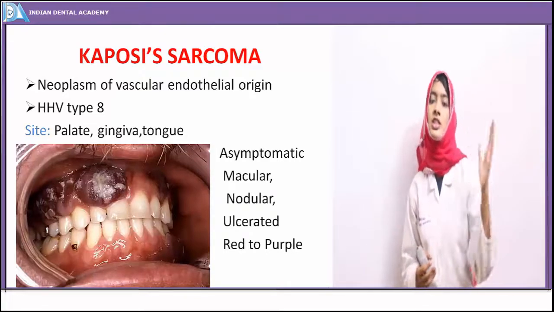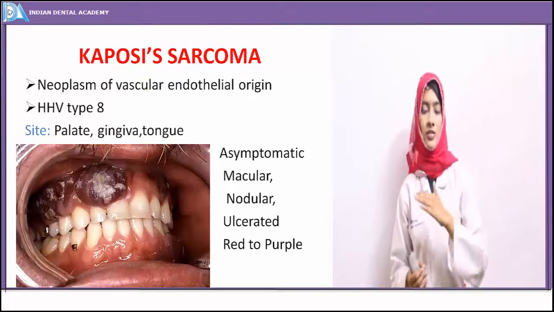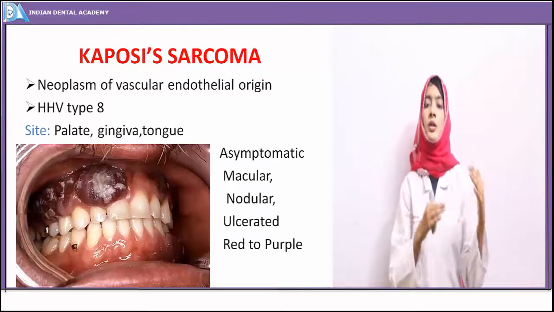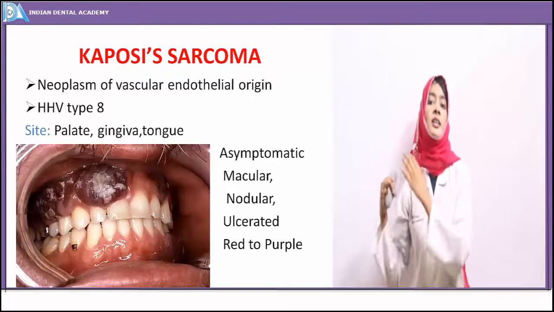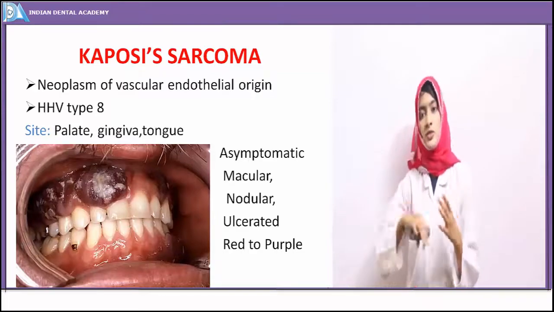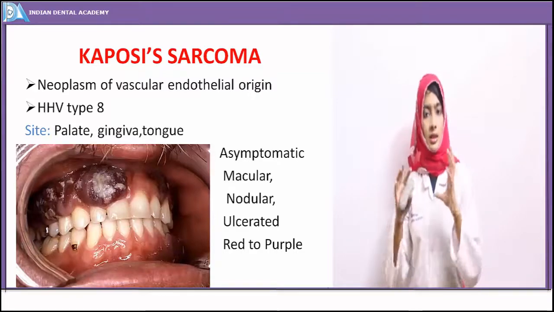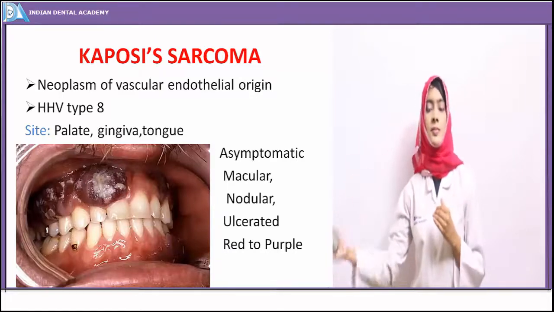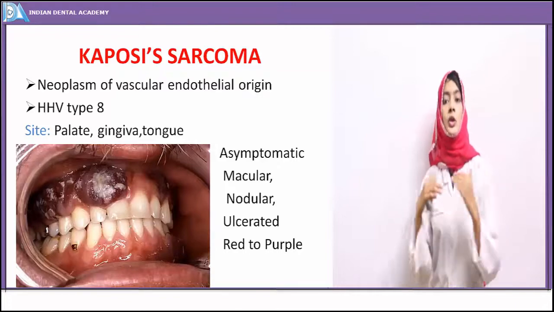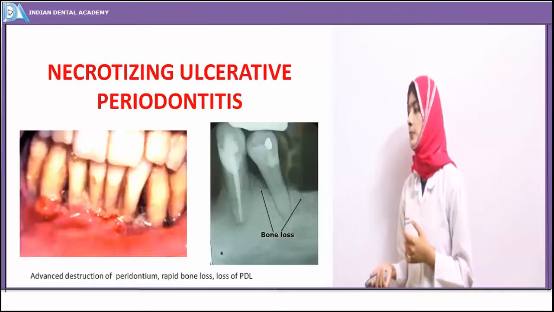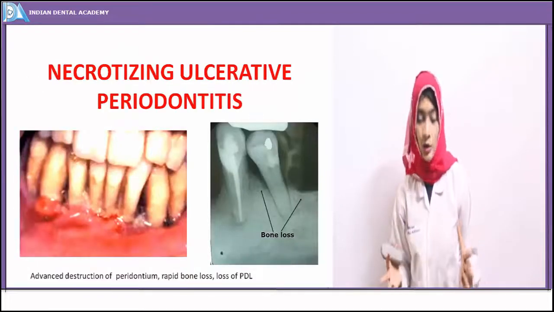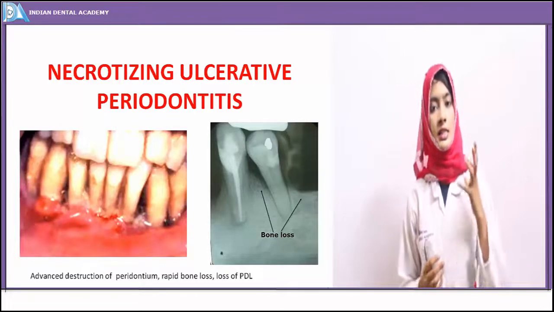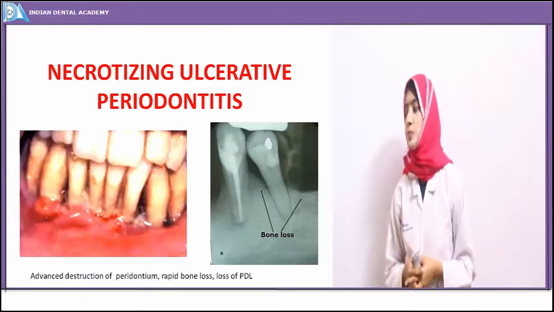Initially the lesion will be a flat red macule, and as the disease progresses it becomes nodular, then ulcerated, and because of the involvement of the blood vessels it becomes darker as the lesion ages. That is, it becomes purple in color, red to darker in color. So this Kaposi's sarcoma is also strongly seen associated with HIV infection.